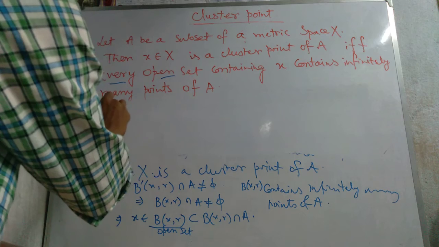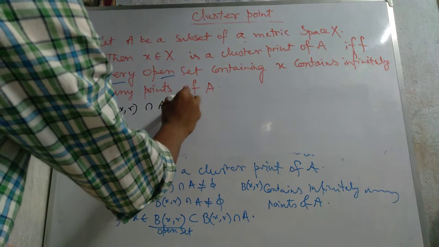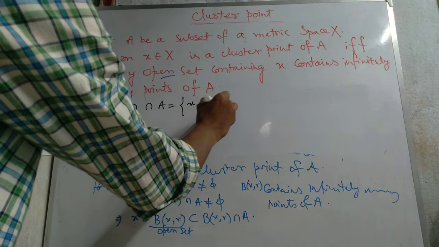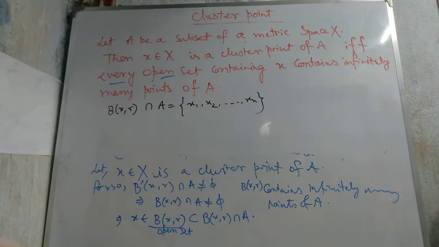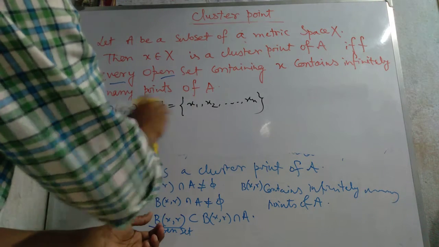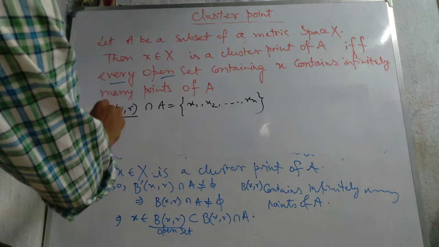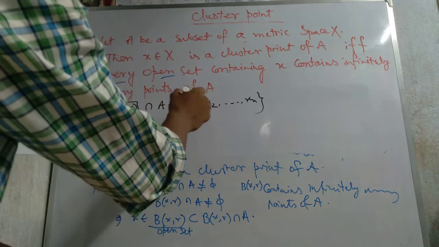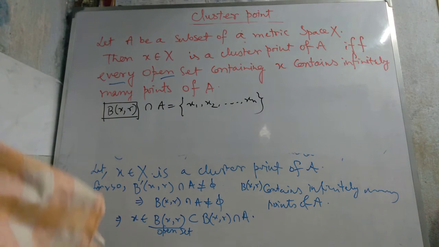That means B(x,r) intersection A equals some finite points. Okay. If this open set contains x and this one is finite, then where is the problem?